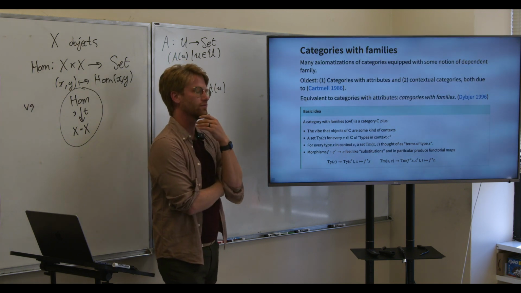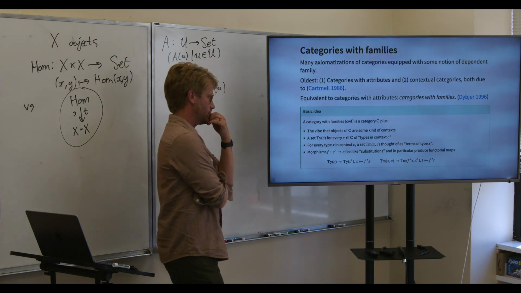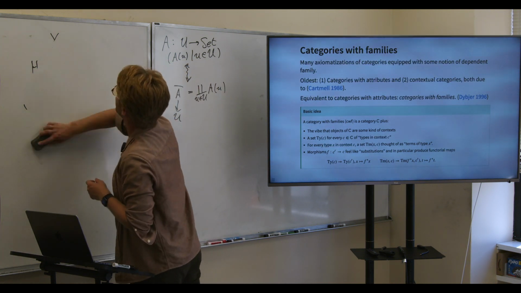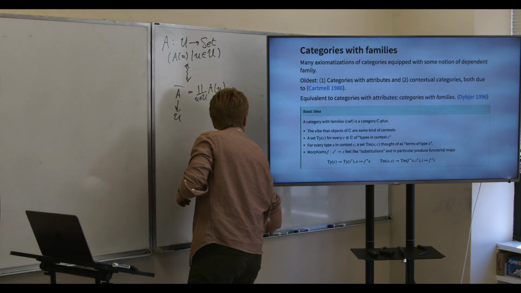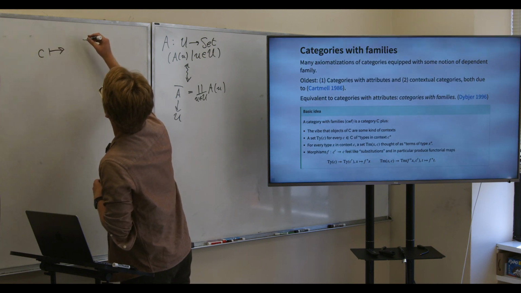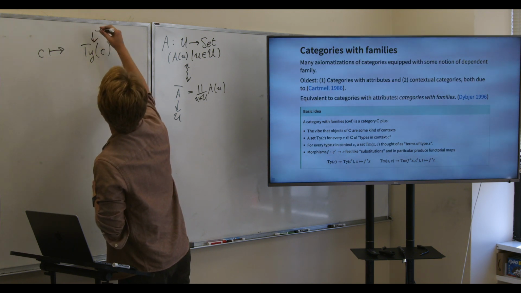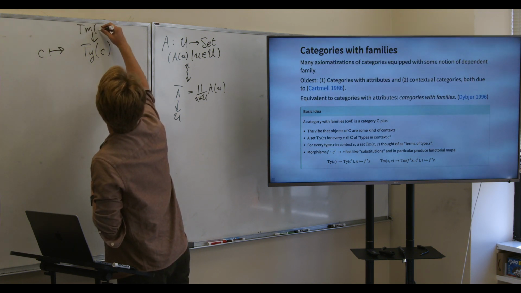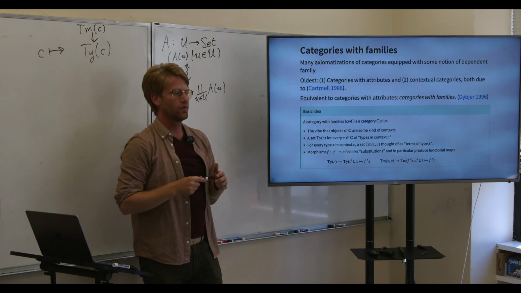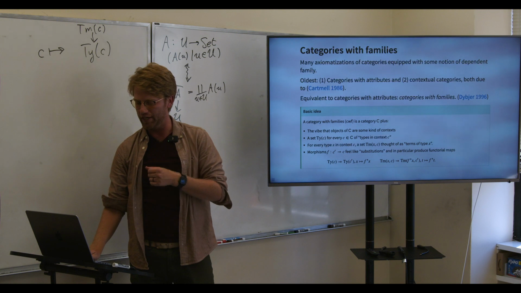A presheaf of types, and then for each context C, you have a family of sets, which I feel like it's going to be confusing not to write in the fibered way. And that's a presheaf into the category of families. Yes, but that's still only part of the definition.